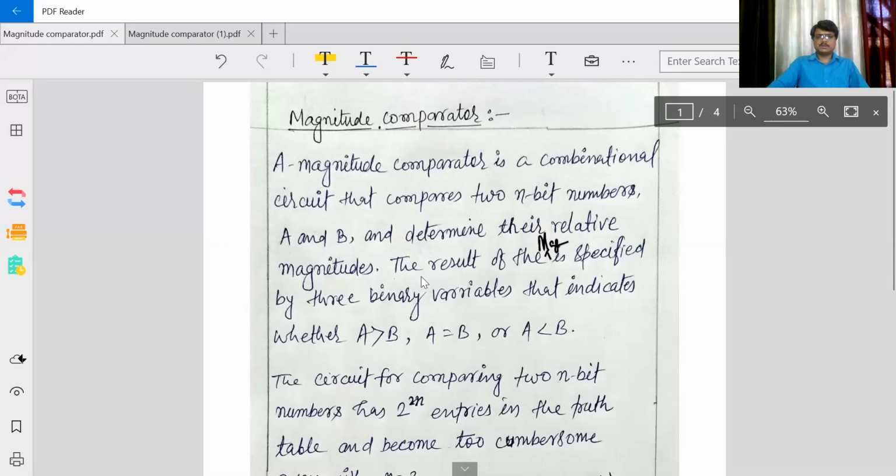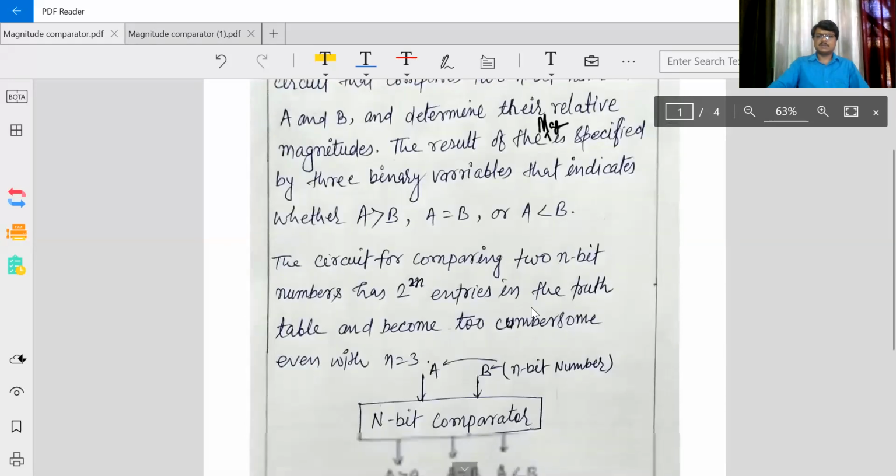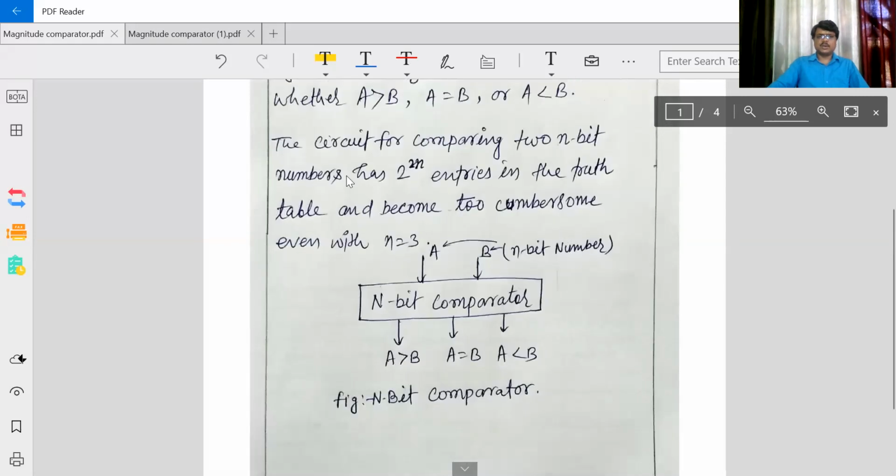The result of the magnitude comparator is specified by three binary variables that indicate whether A is greater than B, A is equal to B, or A is less than B. As I told you, the circuit for comparing two n-bit numbers has 2 to the power 2n entries in the truth table. I told you how many inputs are there.